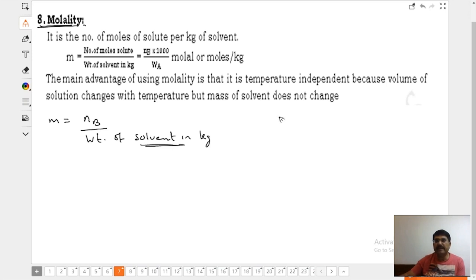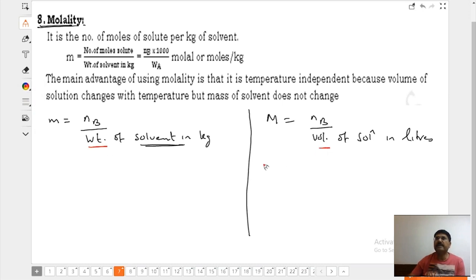Molarity, which we have discussed, was the number of moles of solute by volume of solution in liters. So do you notice the difference between the two? It is weight, it is volume. It is solvent only, it is solution. It is in kg, it is in liter.